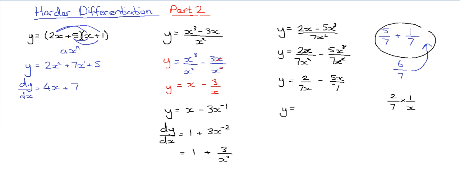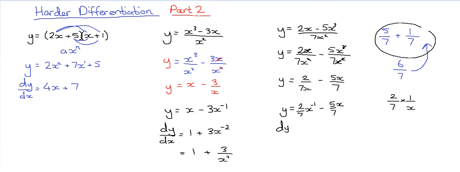To get 2 over 7x, this would give me 2 over 7x. So if you think about that as x to the minus 1, we've actually got 2/7 of x to the minus 1. Now I could combine these two as a numerator if I wanted to, so 2x to the minus 1 over 7. I just prefer to do it like this. And this one's actually fine. This is in index form. I can rewrite it like that if that helps.